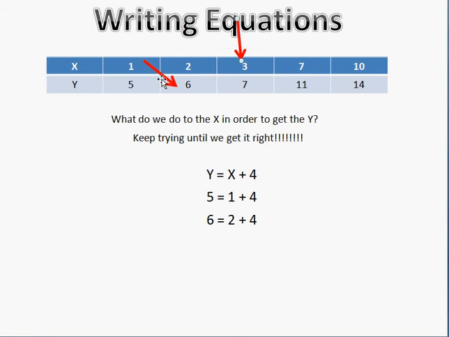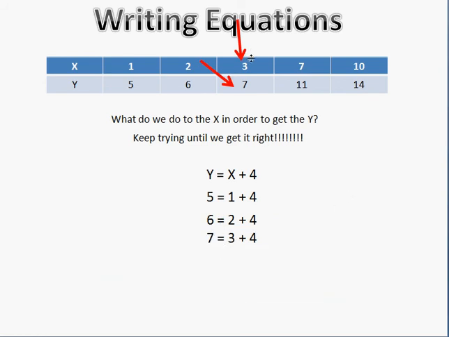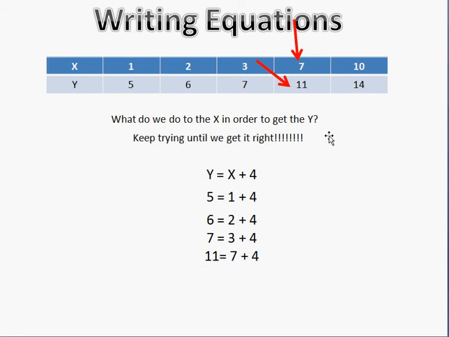Let's go over to the next one. 3 and 7. Well, 3 plus 4, because my equation's x plus 4, does equal my y value of 7. So far, so good. Let's check 2 more numbers. I want to be thorough, make sure I'm taking them all into account. 7, my x value, plus 4 equals 11, which is my y value.